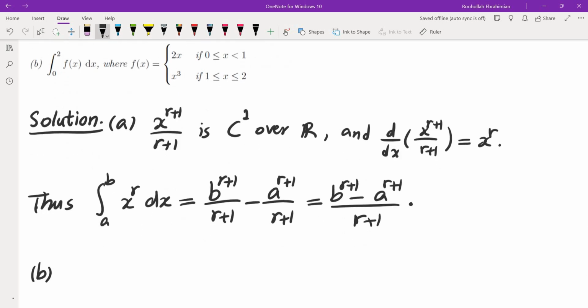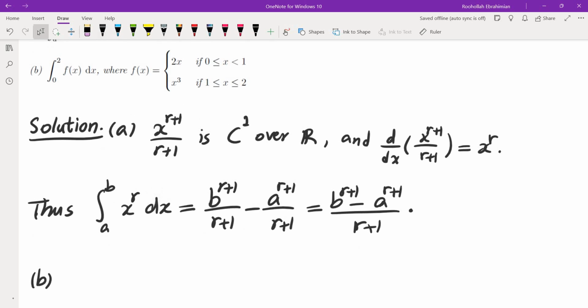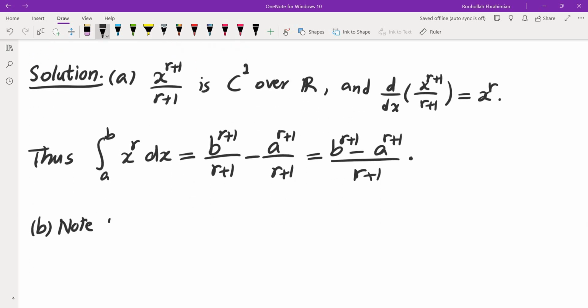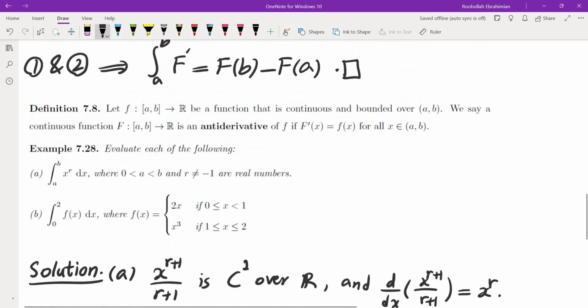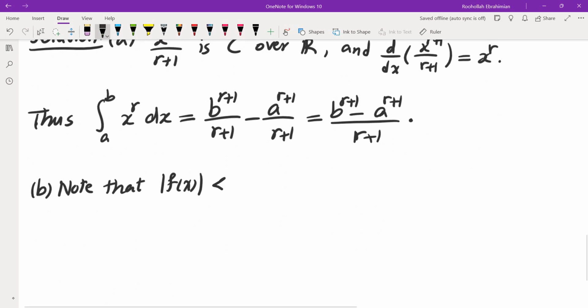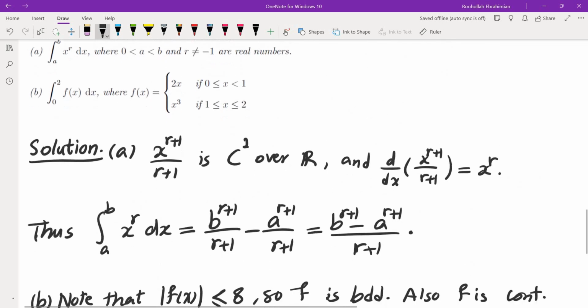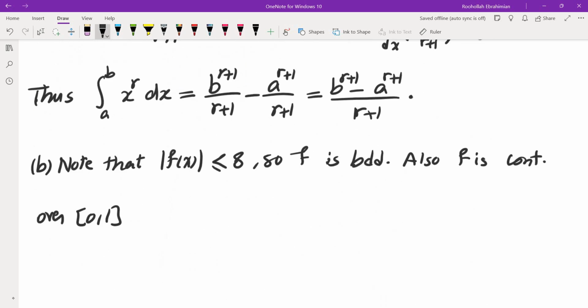Okay, let's look at the second one. f of x is 2x when x is between 0 and 1, and it is x cubed when x is between 1 and 2. So note that f of x is bounded. The largest value is 8. So f is bounded. Also, f is continuous over both 0, 1 and 1, 2.